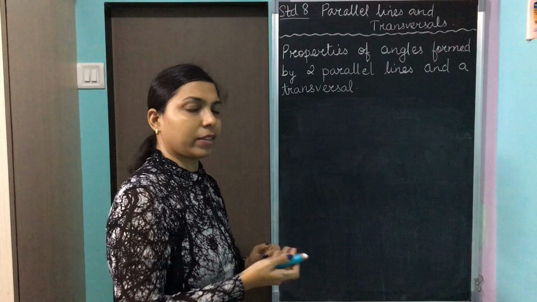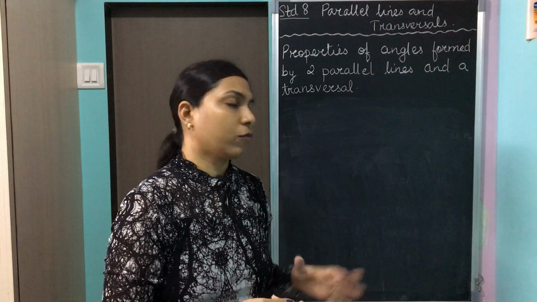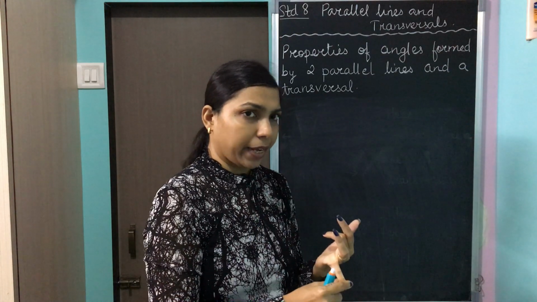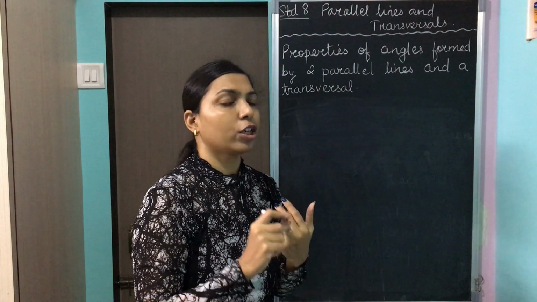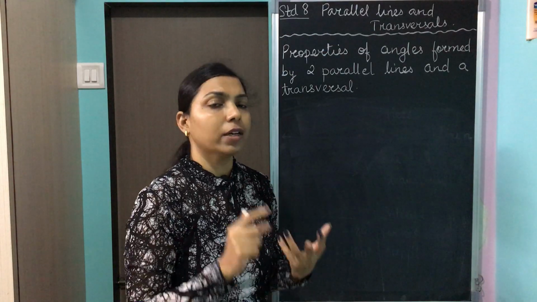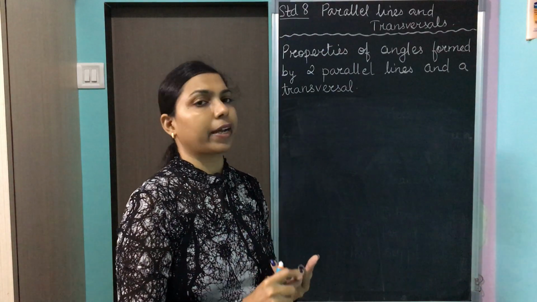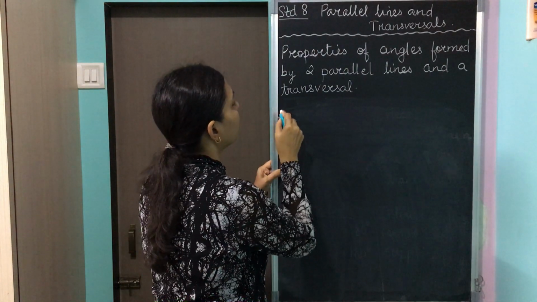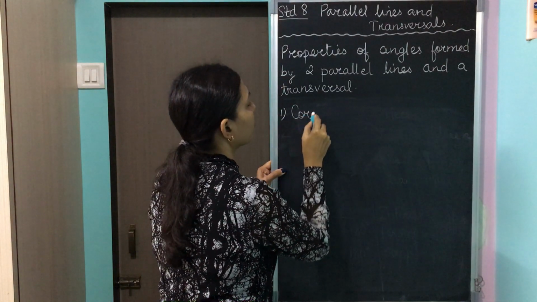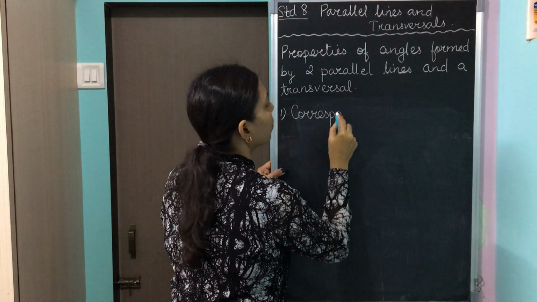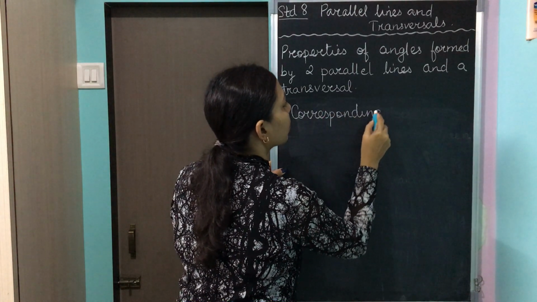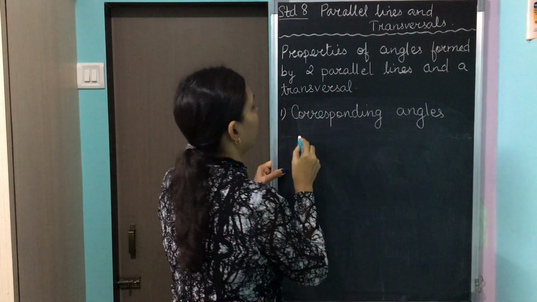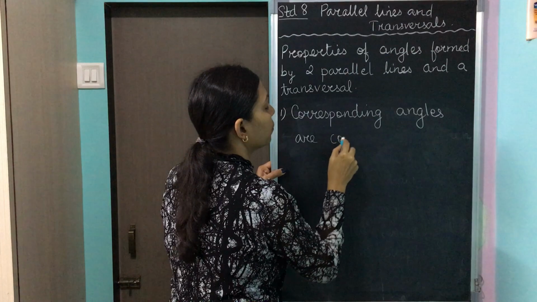So from these three things we have learned, first, your corresponding angles are congruent, second, your alternate angles are congruent, and third, your interior angles are supplementary. So we will write all those three points over here. The first one, your corresponding angles are congruent.